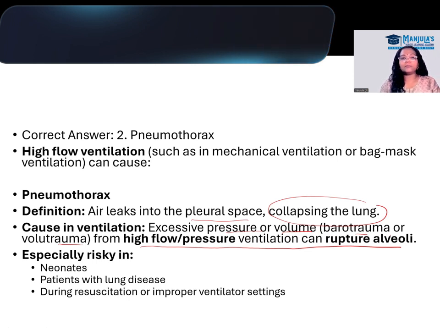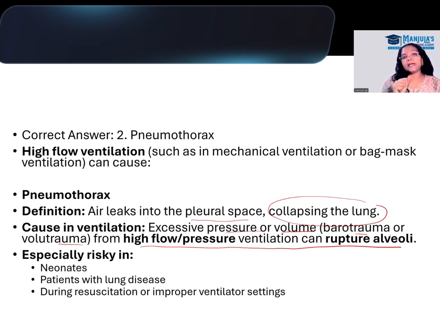So I think you got the point. In mechanical ventilator, if you're using so much pressure or too much volume, it can cause barotrauma or volutrauma. If there is too much pressure, it causes barotrauma. If too much volume, it causes volutrauma. And this high pressure ventilation will result in rupture of alveoli.